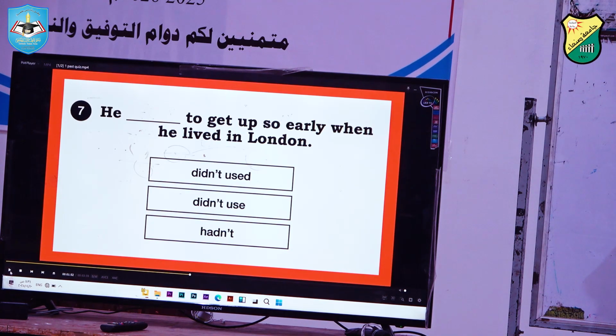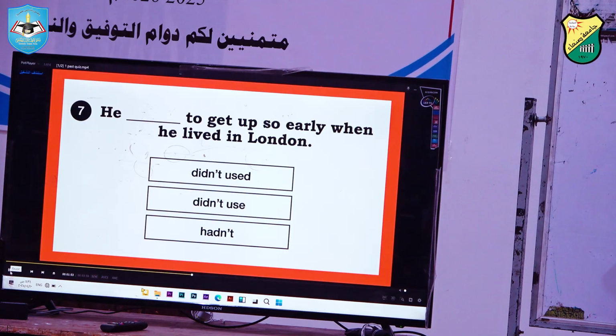He hated to get up so early when he lived in London. You also have the rule of used to, which is another important rule and I cover it too: used to and being used to. How to differentiate between them and what is the difference in meaning.